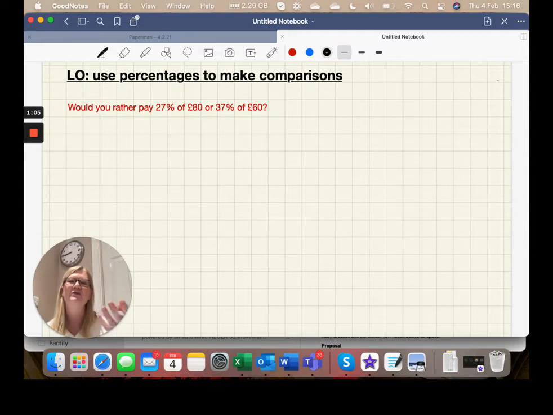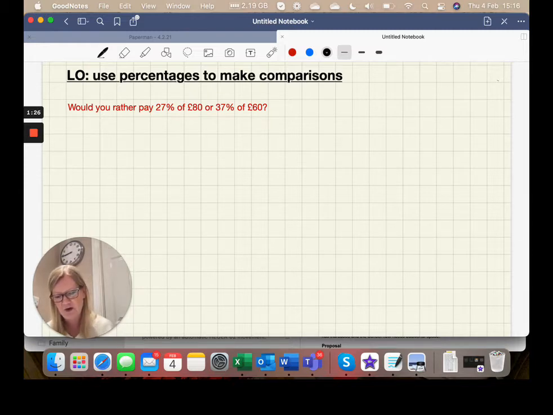So if you start off with an amount of money, when you've found the percentage, it will still be an amount of money, okay? If it's less than 100%, it will be a smaller amount of money because we're finding a part. It will never be a percentage, your answer. The percentage is purely a fraction.